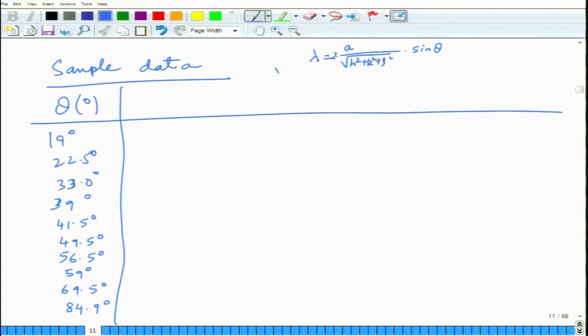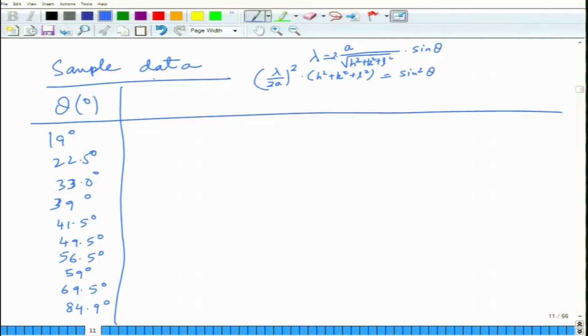So, lambda squared divided by 4a squared is fixed, into h square plus k square plus l square, and this is equal to sin square theta. This relation I know. Now, we need to identify the lattice parameter and crystal structure of the given material. So, sin square theta is basically proportional to h square plus k square plus l square.